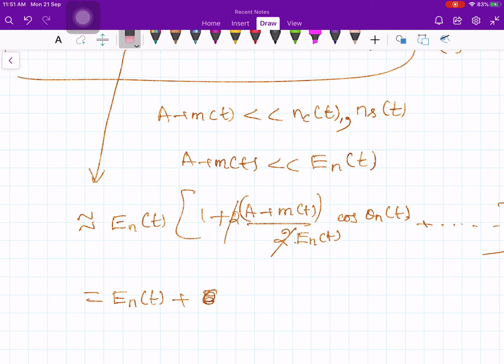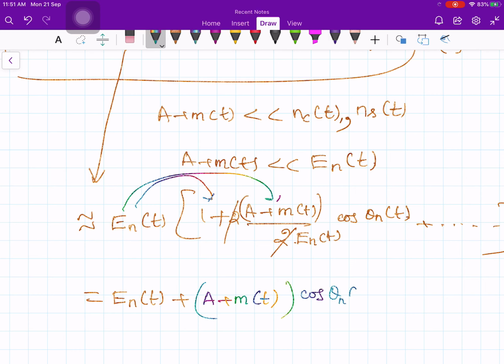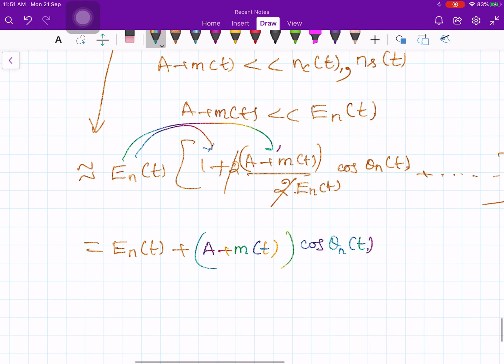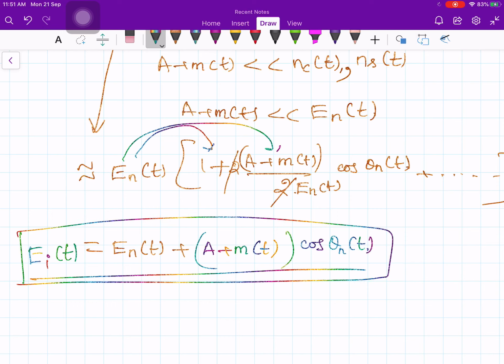You bring this inside, so a plus m of t, the whole thing, is multiplied by cos of theta n of t. This is my input to the envelope detector. So this is the final expression. Let me call this expression A.